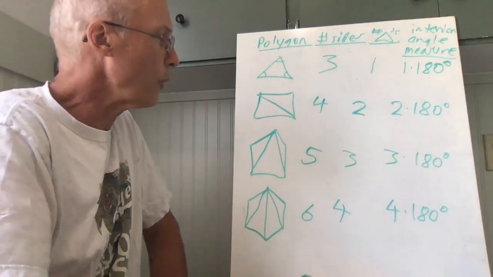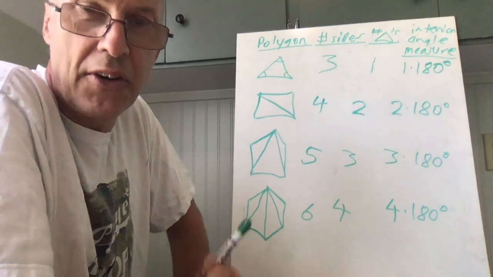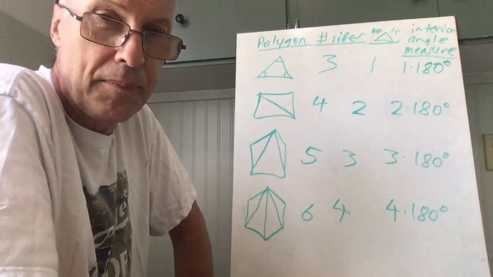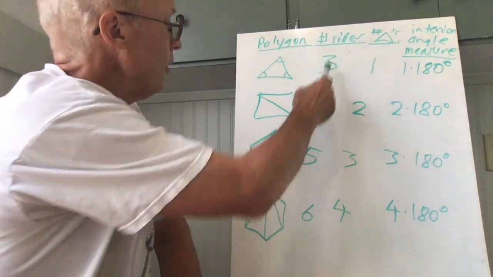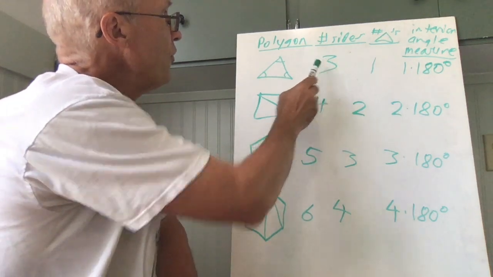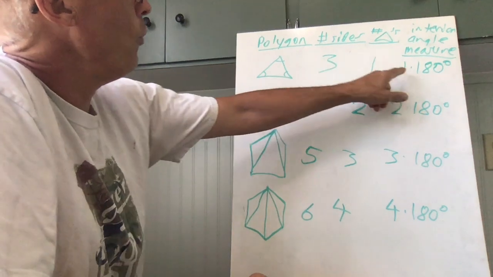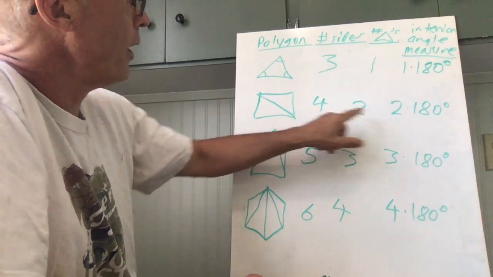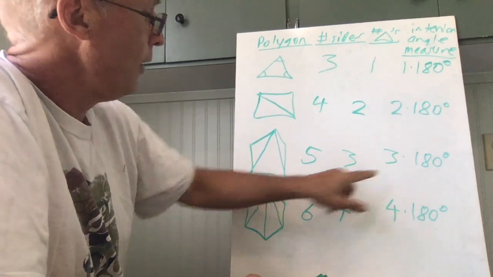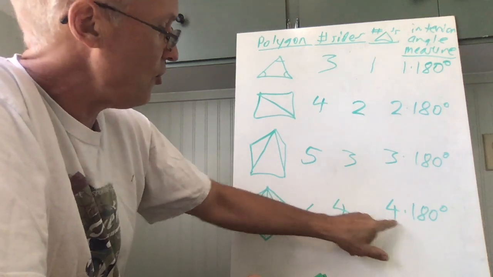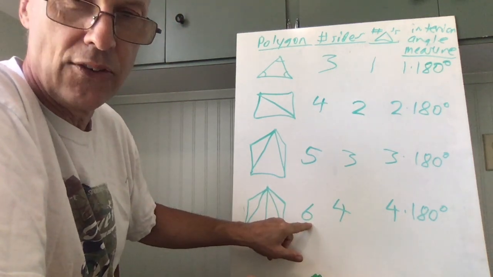So what I really want is some kind of general formula. So if you look here, the number of sides is related to this. 3, we're going to get 1 times 180. 4, we're going to get 2 times 180. 5, 3 times. And so you can always see that this is 2 less than the number of sides.